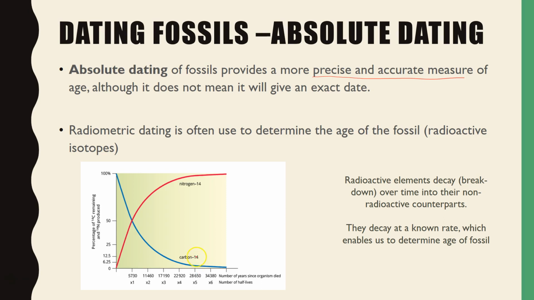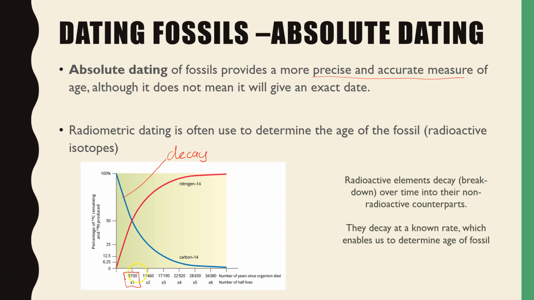One of them is carbon-14. Now, carbon-14 will decay, or its form will break into nitrogen-14 over time. Each time carbon breaks down or decays, it will form nitrogen-14, as I already mentioned. And the number of years that it takes to decay can be used to approximate the age of the fossil.